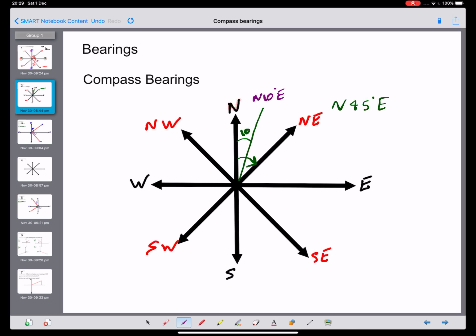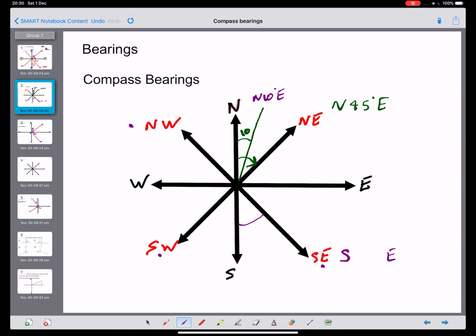Okay, so let's look at some other examples. How would we define southeast as a bearing? Well, pause the video and see if you can do southeast, southwest and northwest. Okay, so you should have done that now. Southeast, remember, with compass bearings, we always measure from south.